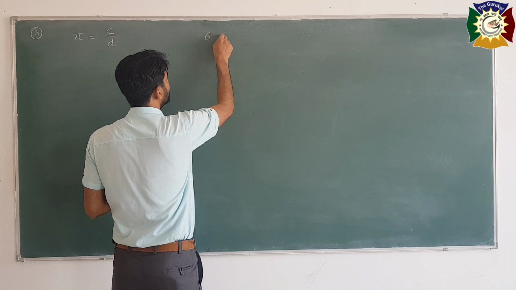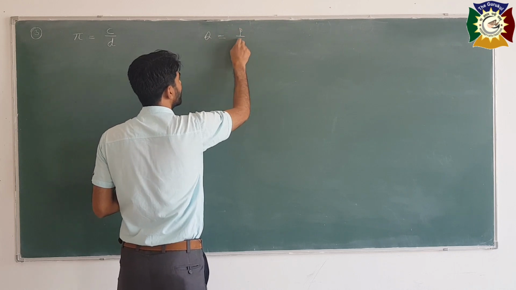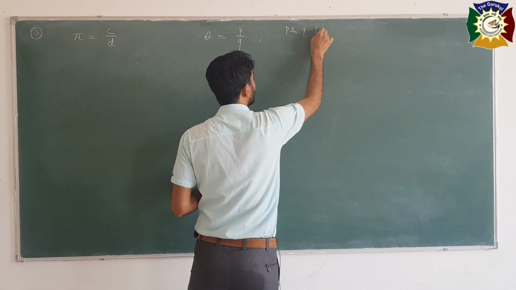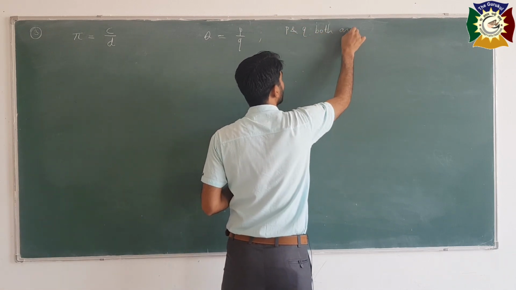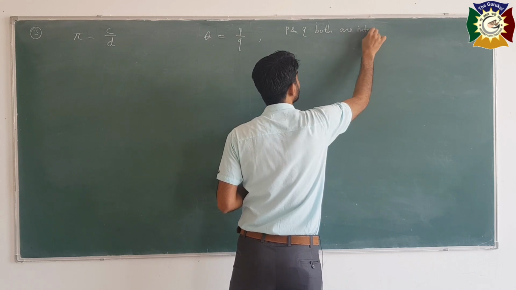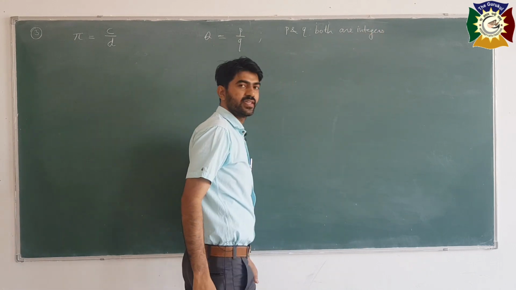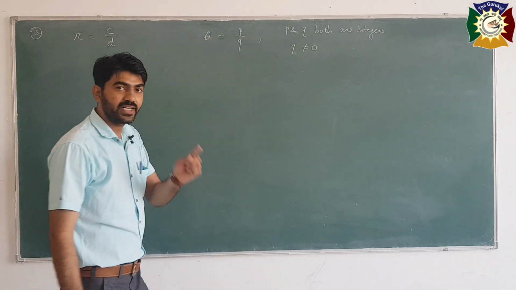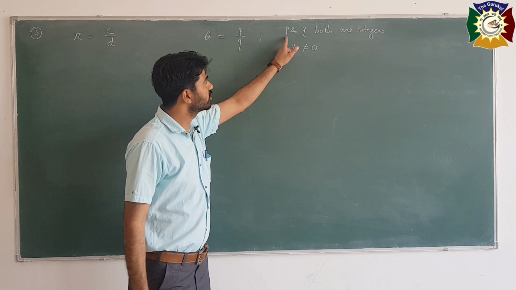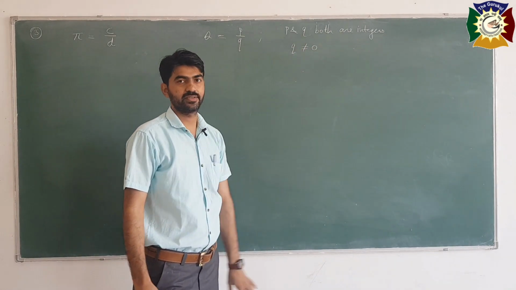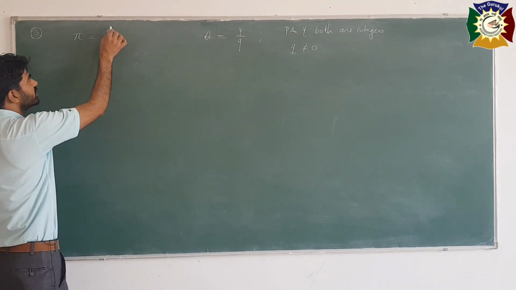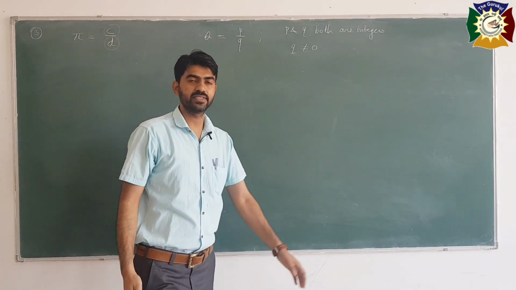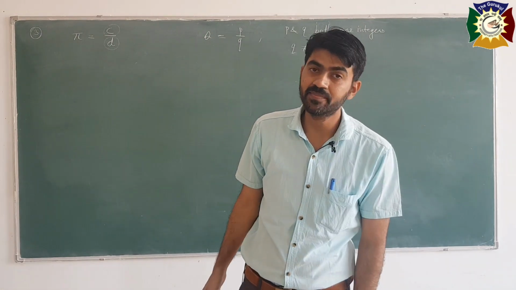Any rational number is equal to p by q, where p and q both are integers and q is not equal to 0. At the same time, both must be integers, but here when we measure, C and D can never both be integers.